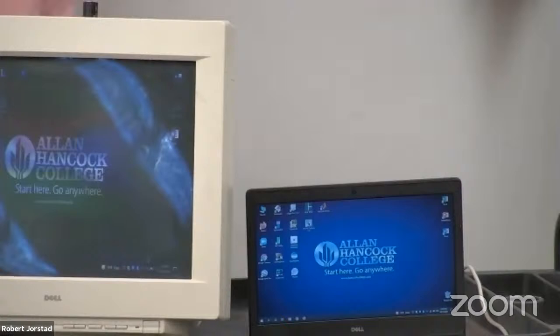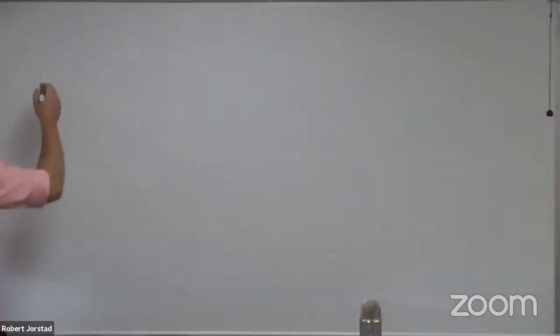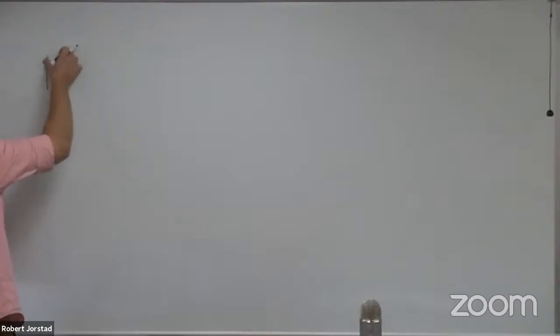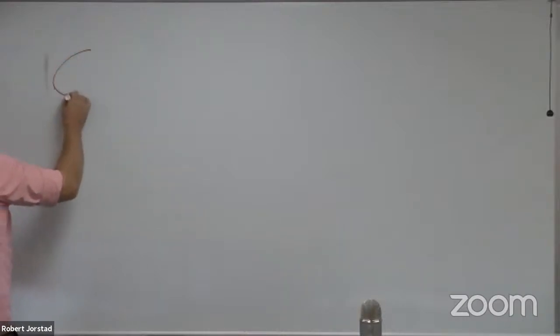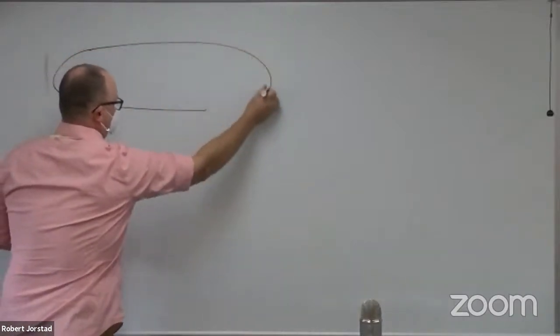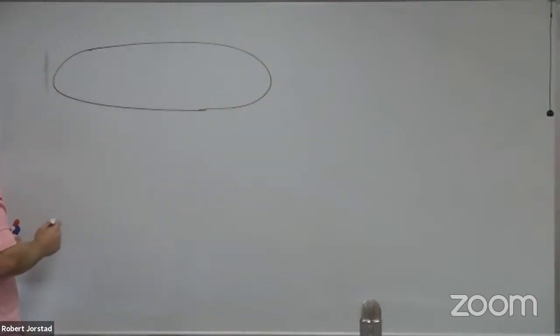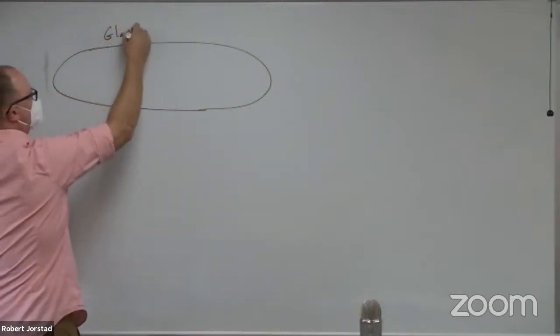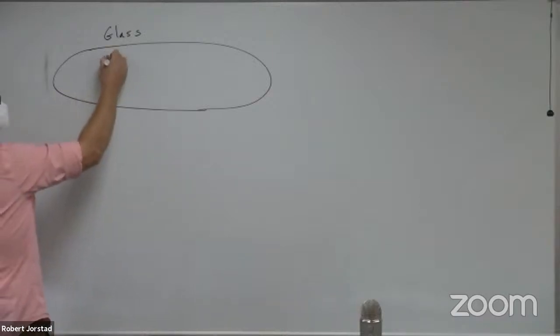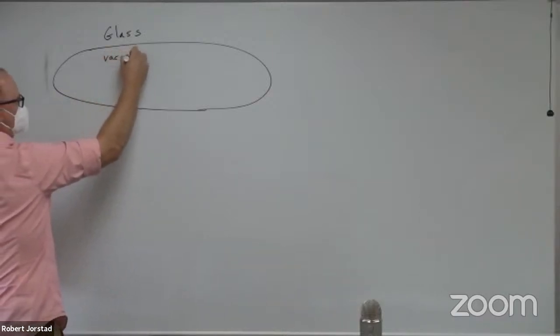So let's go to the board. Here's a cathode ray tube. Let me draw that first. You take a tube made out of glass. You don't need to write this down. Inside is a vacuum, or as close to a vacuum as they can get it.